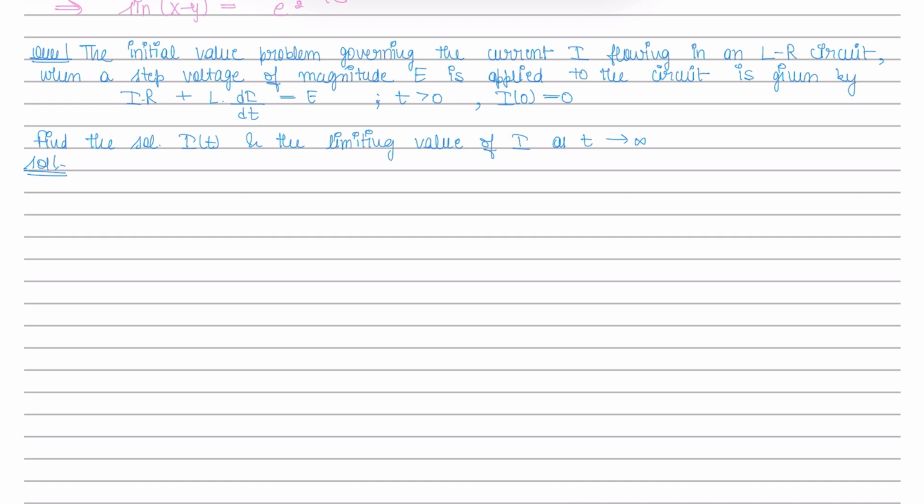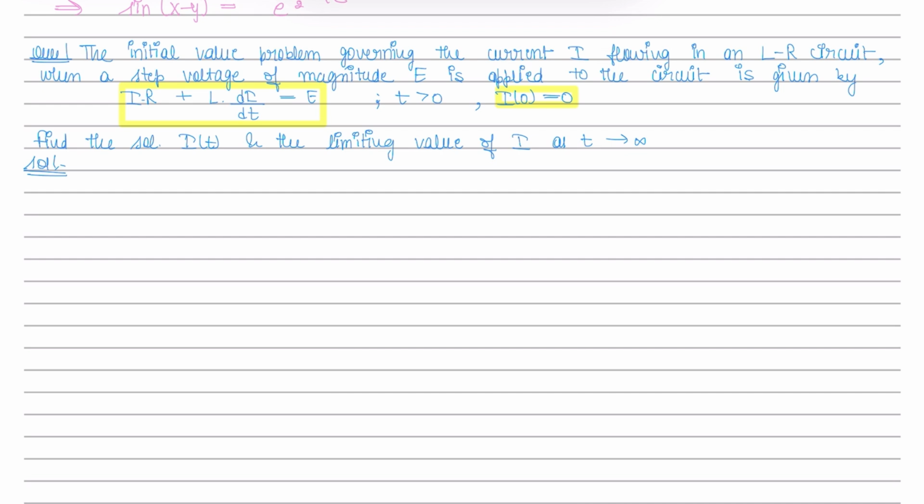Let us do some statement based questions now. The question says the initial value problem governing the current I flowing in an LR circuit, when a step voltage of magnitude E is applied to the circuit, is given by this equation, where the value of t is always positive, and we are also given that I of 0 is equal to 0.